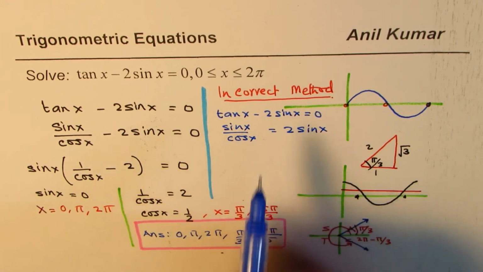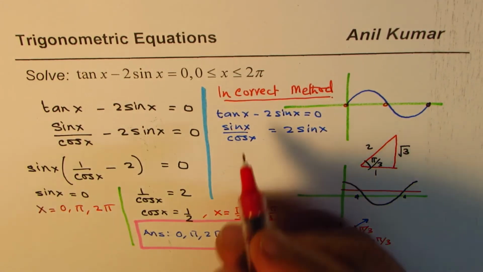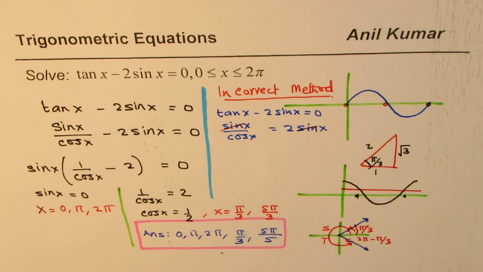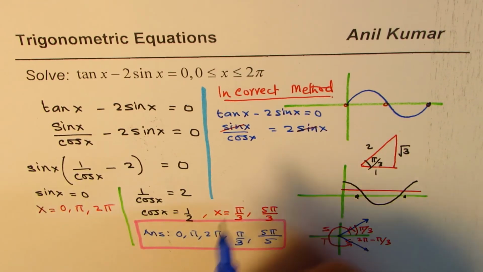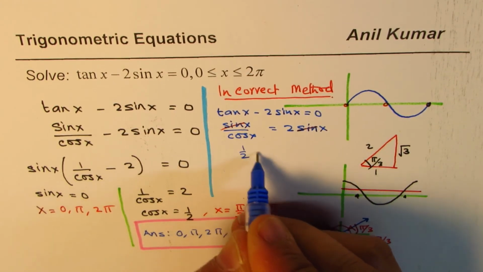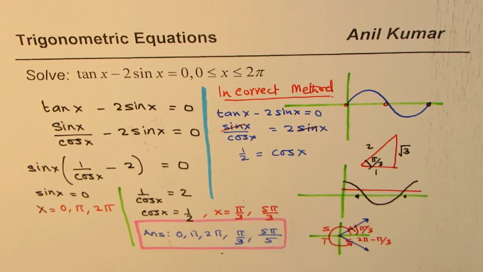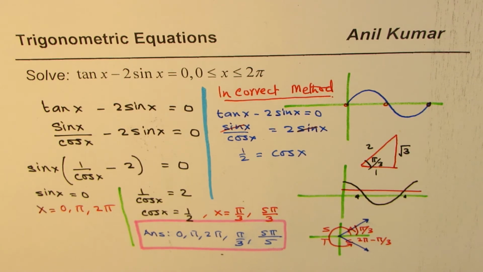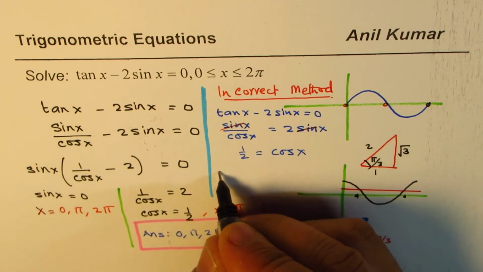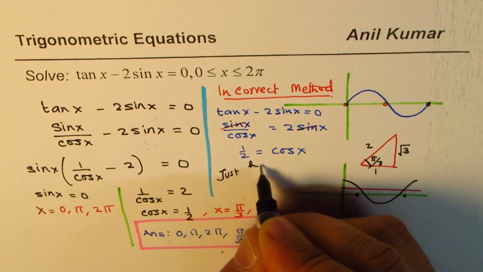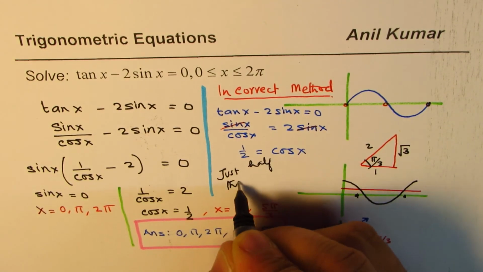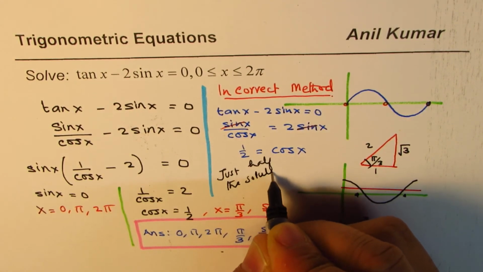And at this stage, some students will just cancel off sin x. And then they'll cross multiply and say half equals cos x. Do you see that? And then what they get really is half the solution. It's not the complete solution.